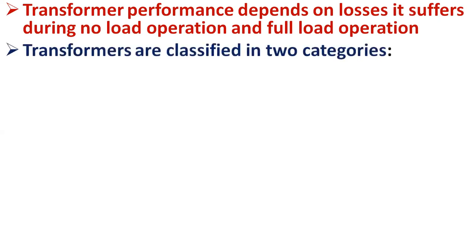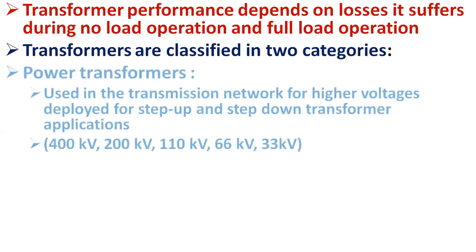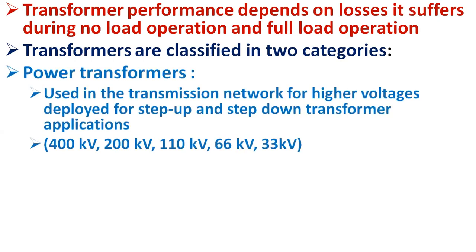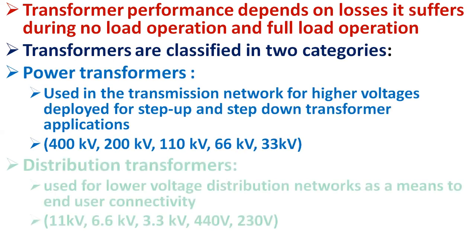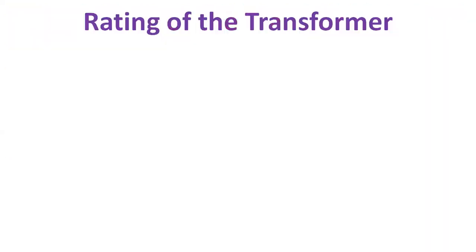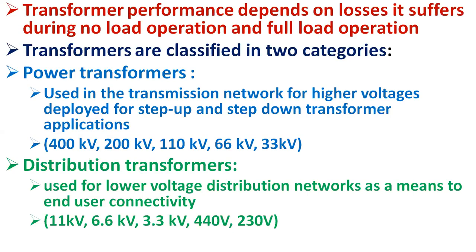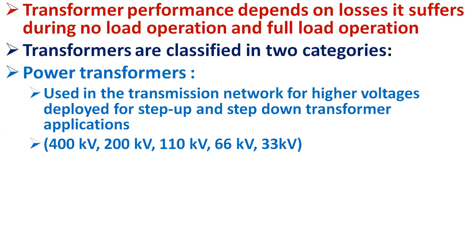Transformers are classified into two categories. Power transformers are used in the transmission network for high voltages, deployed for step-up or step-down applications like 400 kV, 200 kV, 110 kV, 66 kV, and 33 kV.